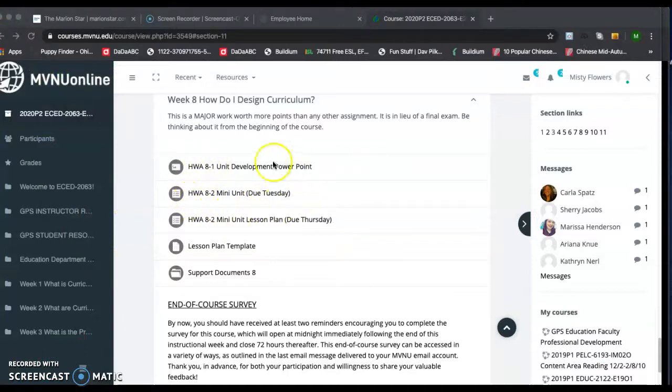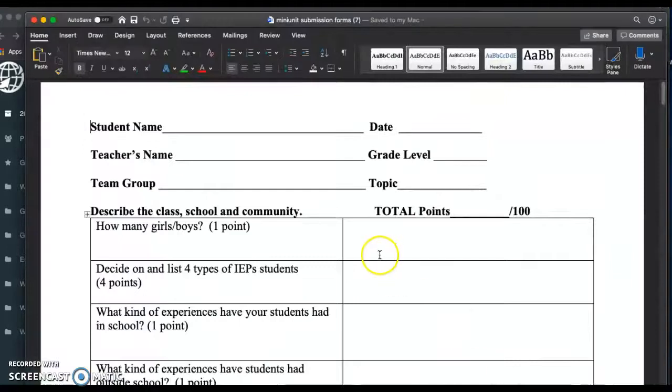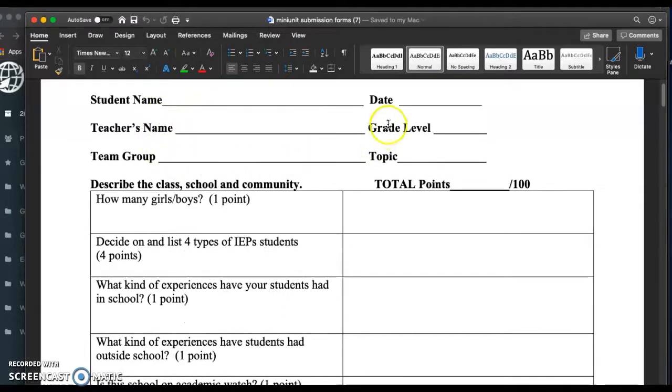So Tuesday, homework assignment 8-2 is due, which is your mini unit. But you're going to fill out the top information. Please make sure that your grade level and your topic is included.